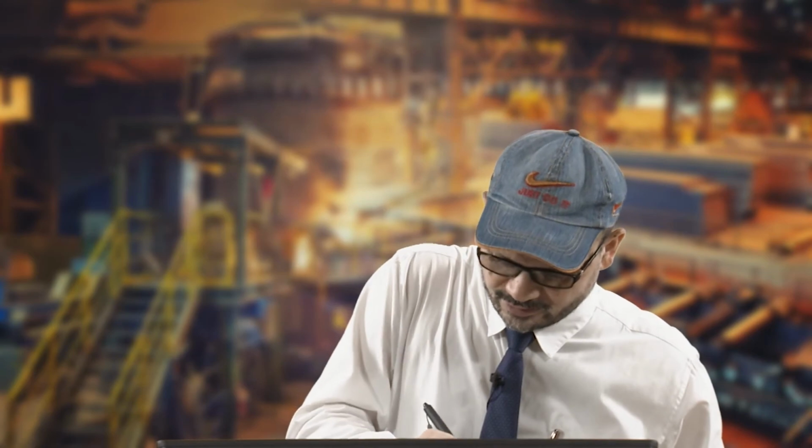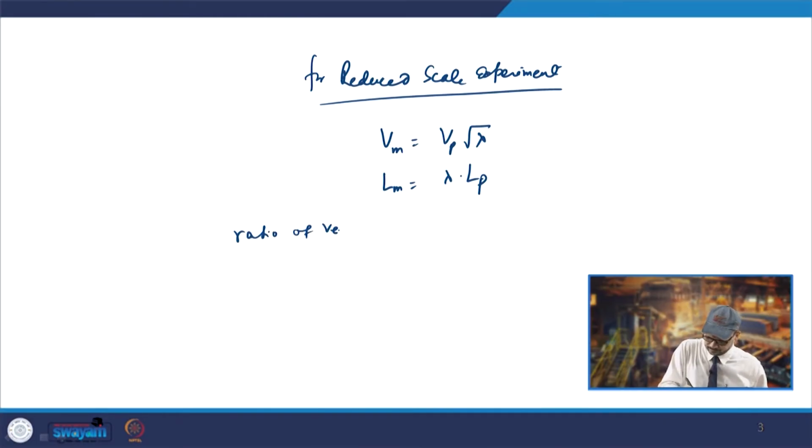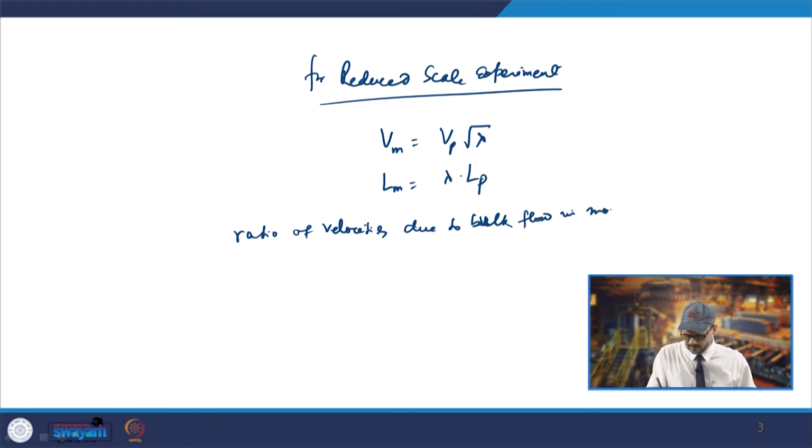So, if you try to have the same rate of flotation or removal of the inclusions, in that case your ratio of velocities needs to be the same. You need to have that ratio of velocities due to bulk flow in the model as well as in the prototype, and that needs to be maintained.